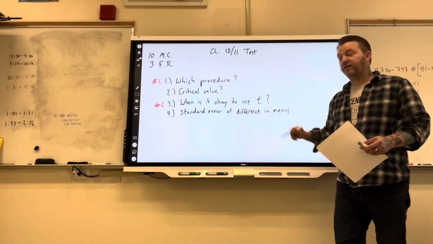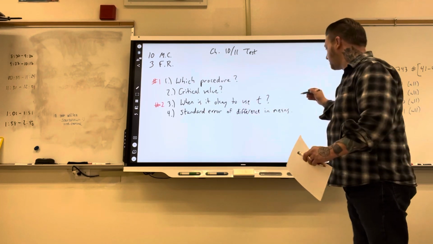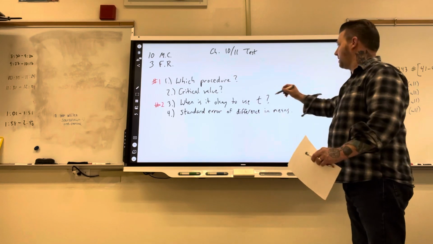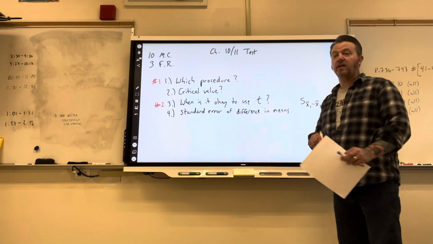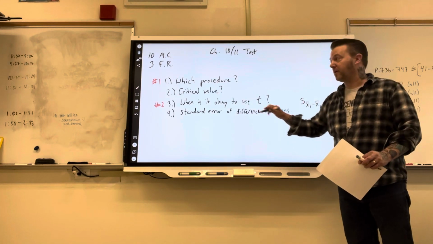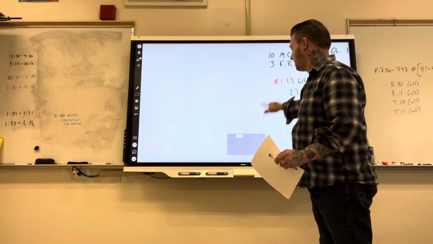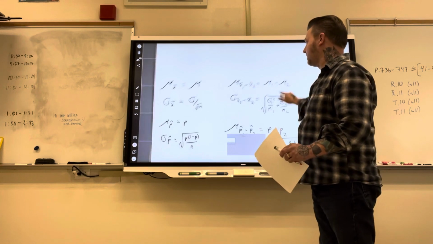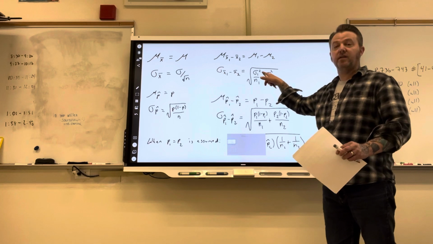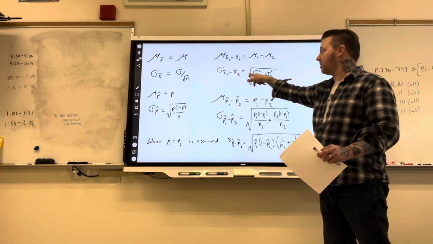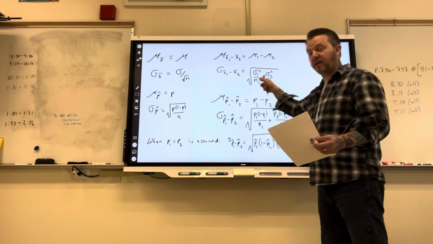Standard error for the difference in means. So this is now the formula for sigma is here. So we replace sigma with S, right, for standard error.